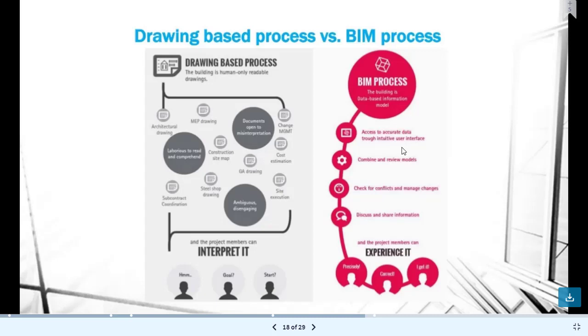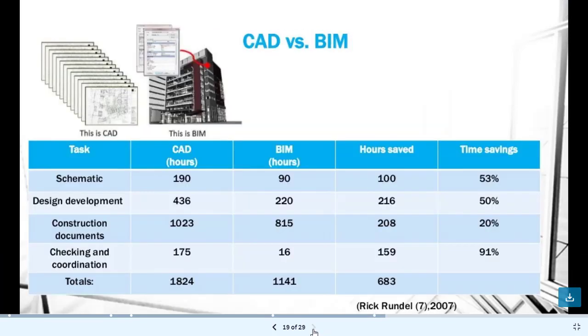Here we have access to accurate data, combine and review models, check for conflicts and manage changes, discuss and share information, experience the site. Here we design and draw initially only. Here we can change and check immediately. Immediate changes have to be done.